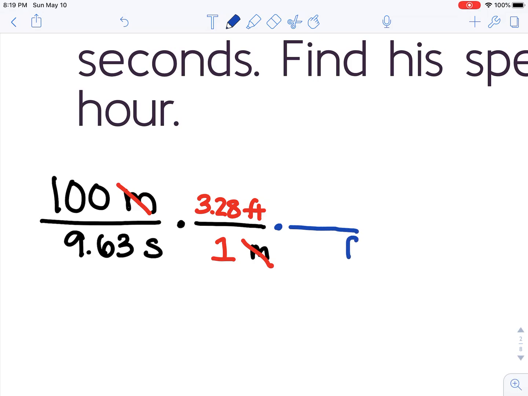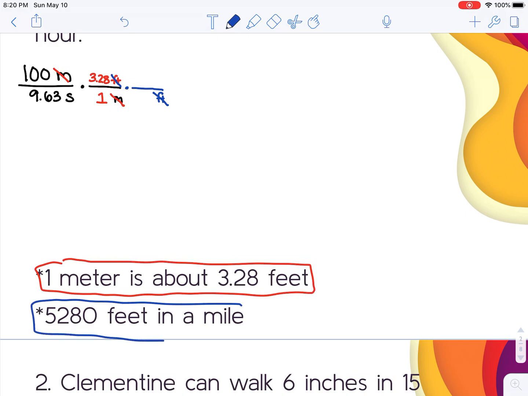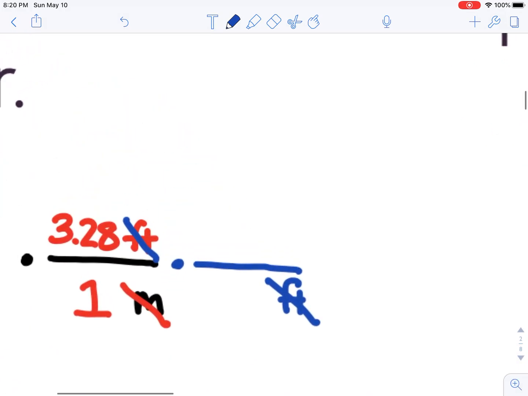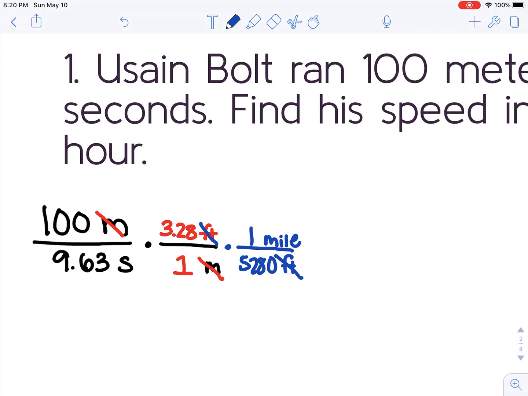Feet is already in my numerator, so I need to have feet in my denominator so that these cancel out. Again, down below, if I did not know it, 5,280 feet in 1 mile. And now, the only unit I have in my numerator is miles, which is what I want.